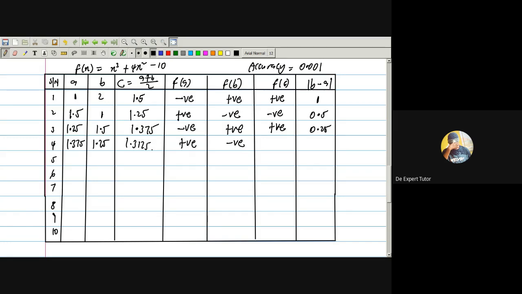Next, f of 1.3125 is negative. And what's my error? 1.375 minus 1.25 is 0.125.